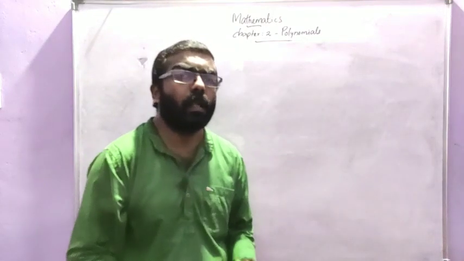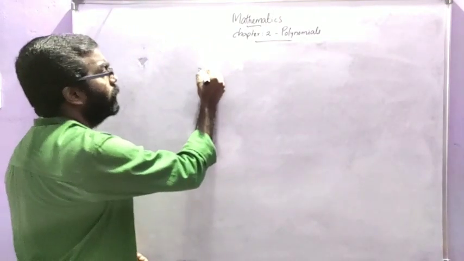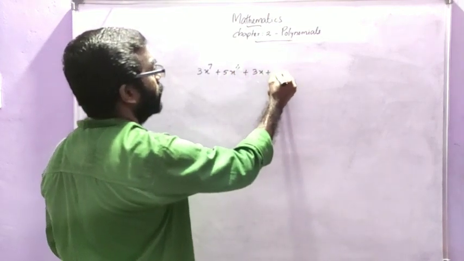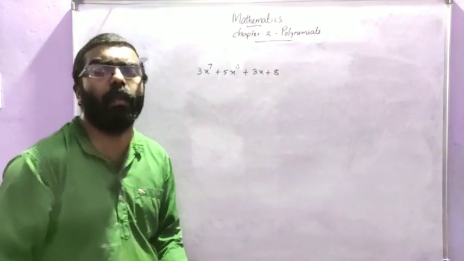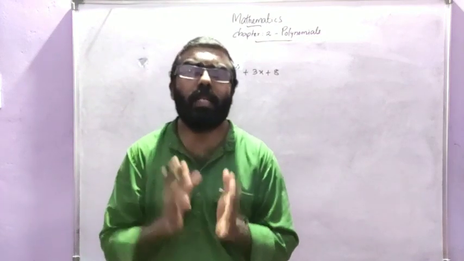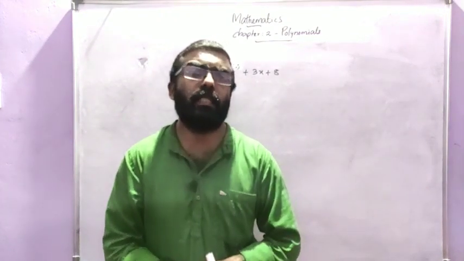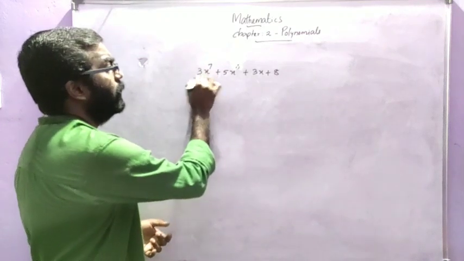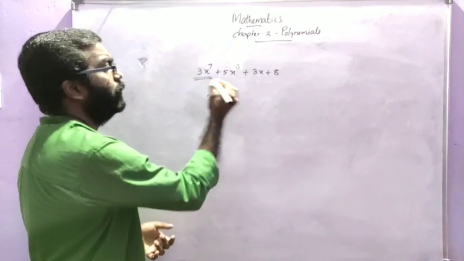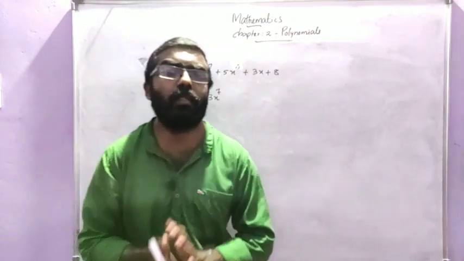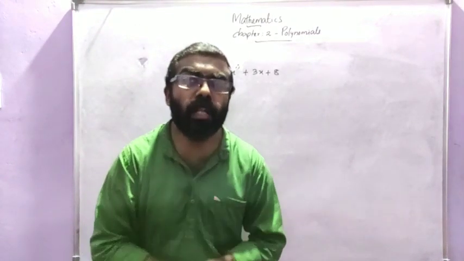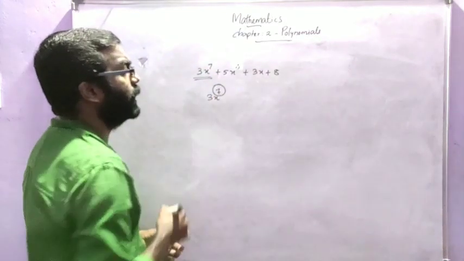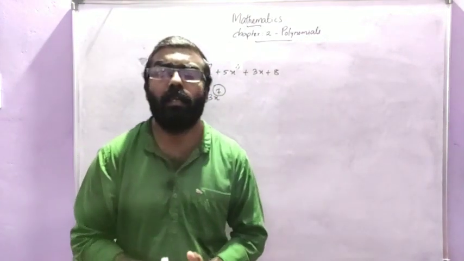Okay. Now look at the polynomial 3x raised to 7 plus 5x raised to 6 plus 3x plus 8. So here, what is the term of the highest power of x? Term with the highest power, it is 3x raised to 7, and the exponent of x in this term is what? 7.